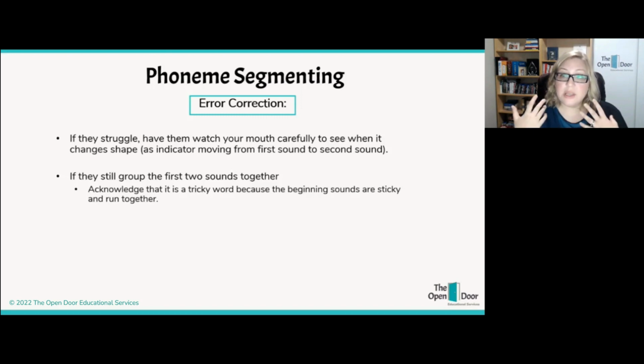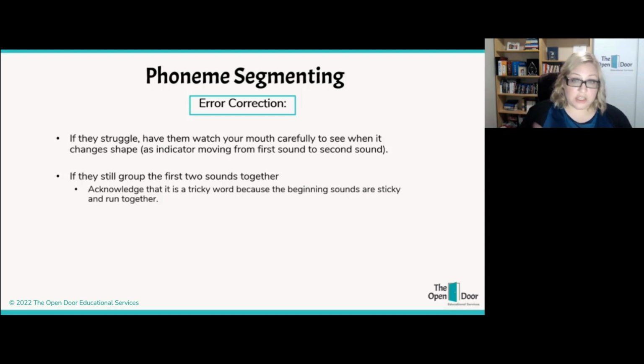So let's say that the student said that sleep is the word, and they said sl is the first sound in sleep. Or even something where the sounds blend together a little more. Let's say the word is steep, and they said st is the first sound in steep.